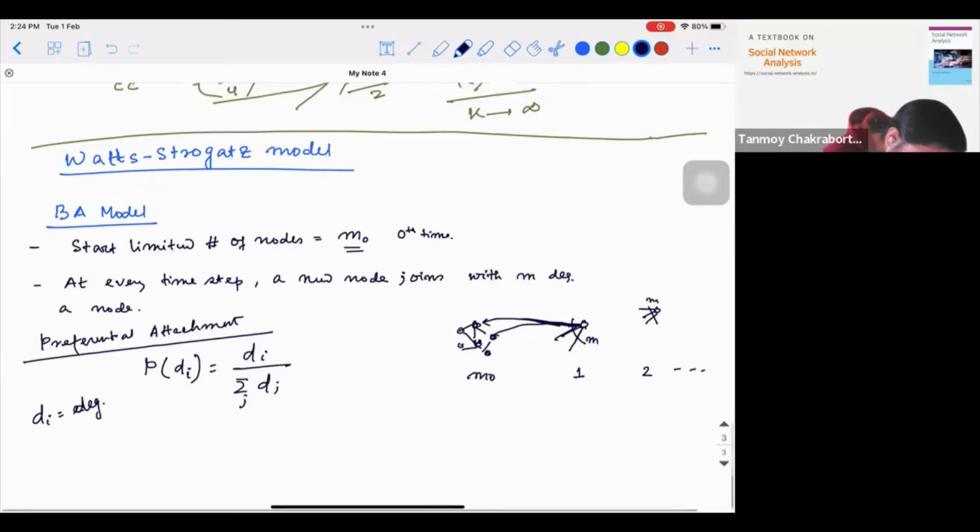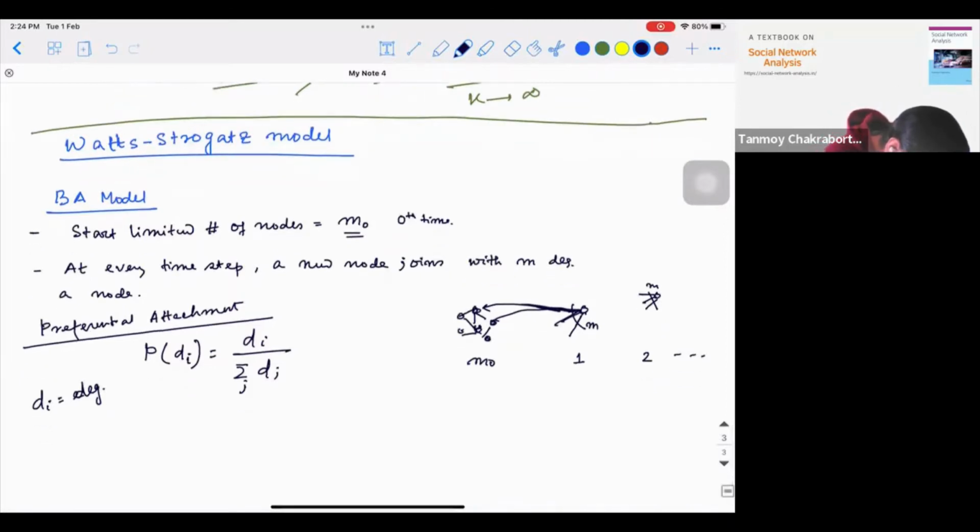So what I'm saying is, assume you have degree 1, degree 2, degree 3, and you have 5 nodes with degree 1, 6 nodes with degree 2, and again 5 nodes with degree 3.